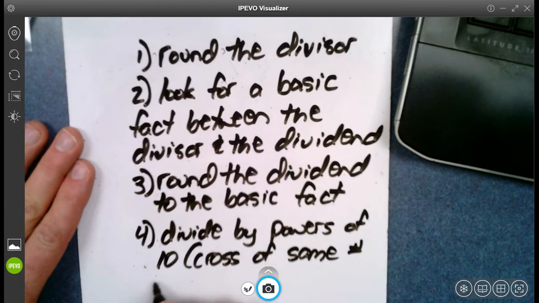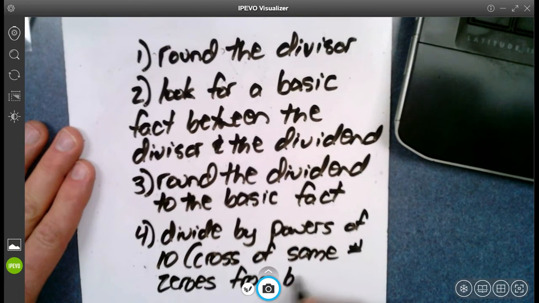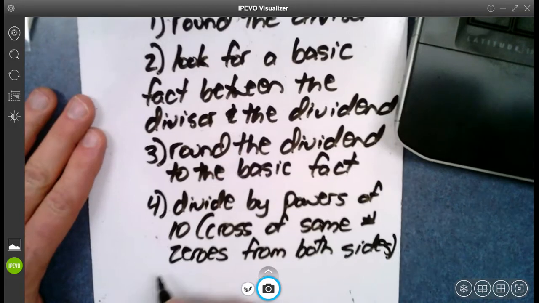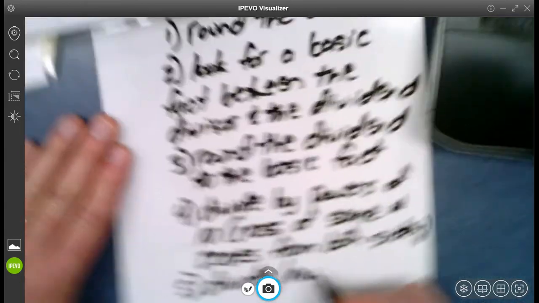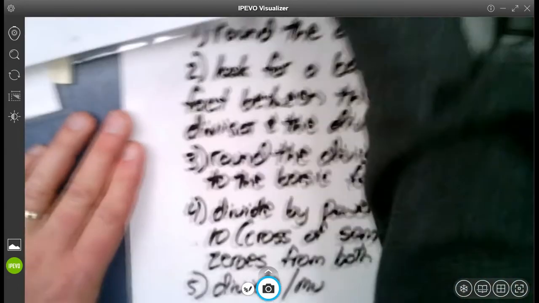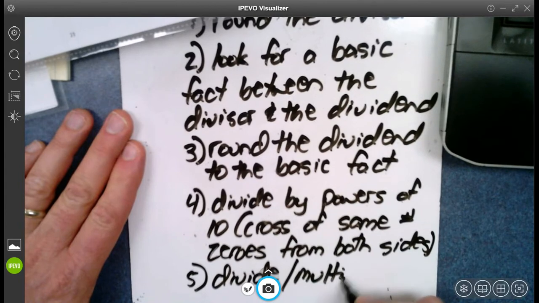You have to cross off the same number of zeros from both sides. Okay. And lastly, I divide, or I can multiply. Oops, sorry. I can multiply to solve.